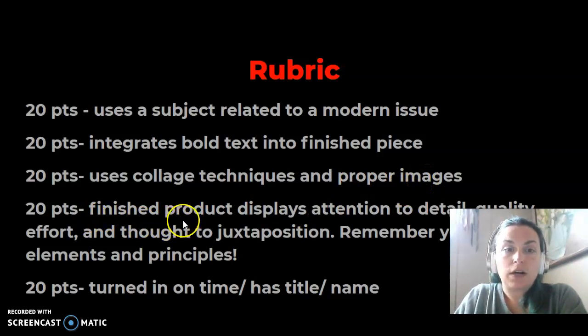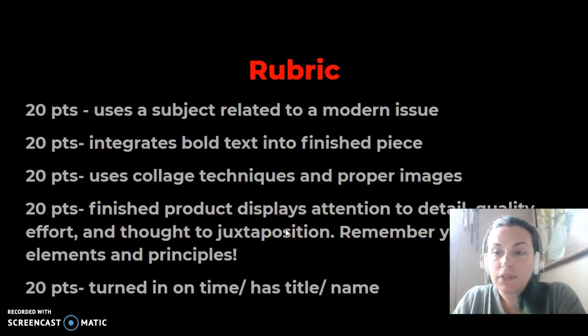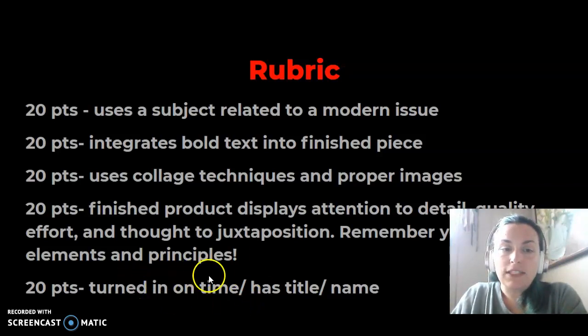Your finished work displays attention to detail, quality effort, and your thought to juxtaposition. So your composition is a huge component. Remember your elements, remember your principles of design. And the last 20 points is that you turn this in on time. It has a title and it has your name on it, so I know who made that beautiful art.